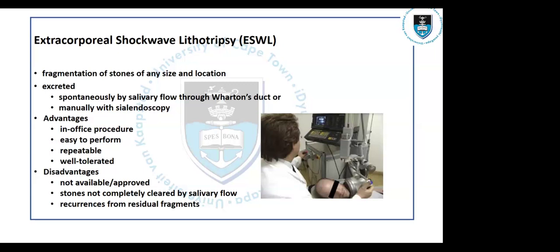However, it is not available or approved for calculi removal in several countries. The main drawback is that stones often cannot be completely cleared by salivary flow, and residual fragments can cause recurrences.